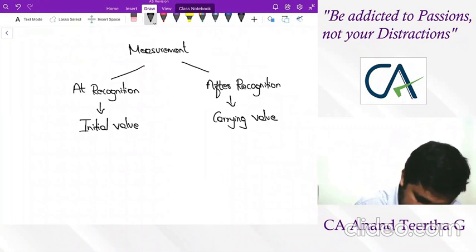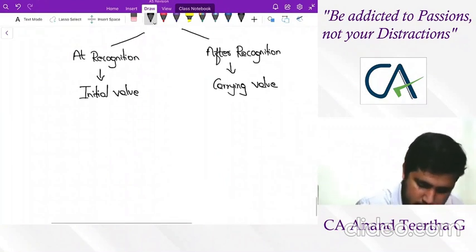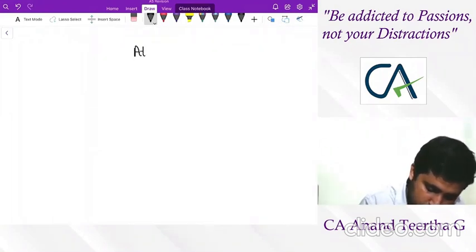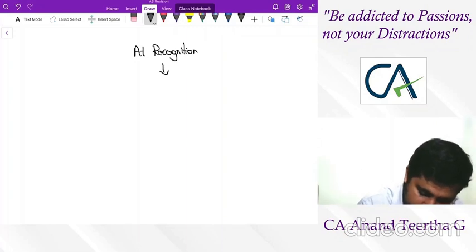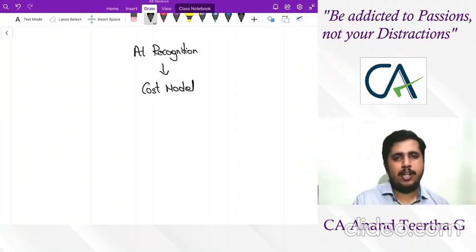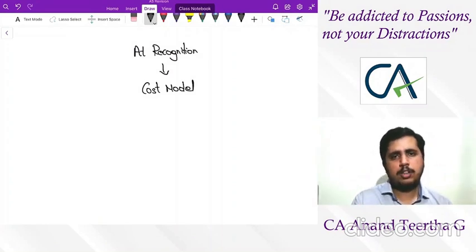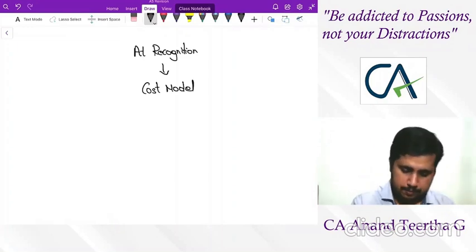Now, at recognition, I will directly show it with a different chart itself. At recognition, we should always approach the cost model. So basically, what do we mean by cost model? Any cost incurred to bring that asset up will be added or considered as the value of the asset. So you have to bring in the cost model in that particular situation.